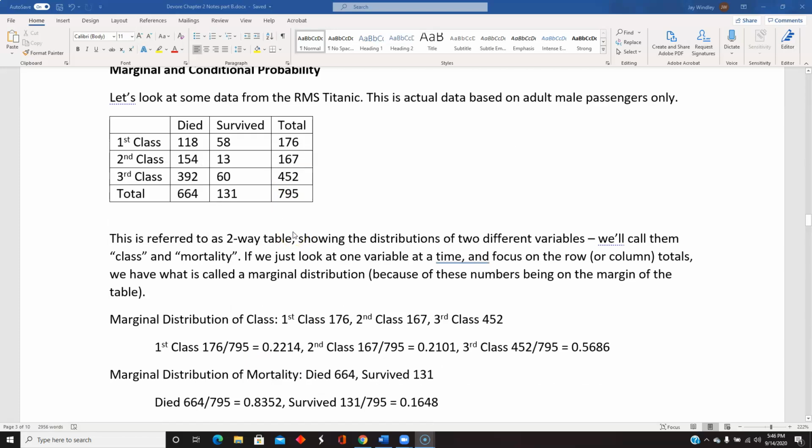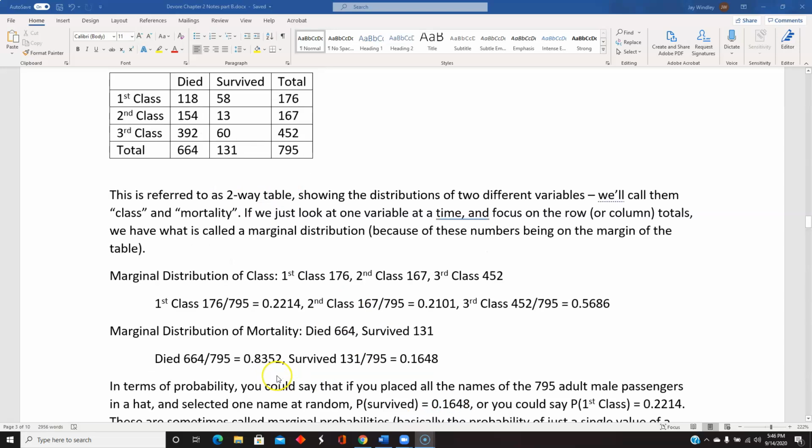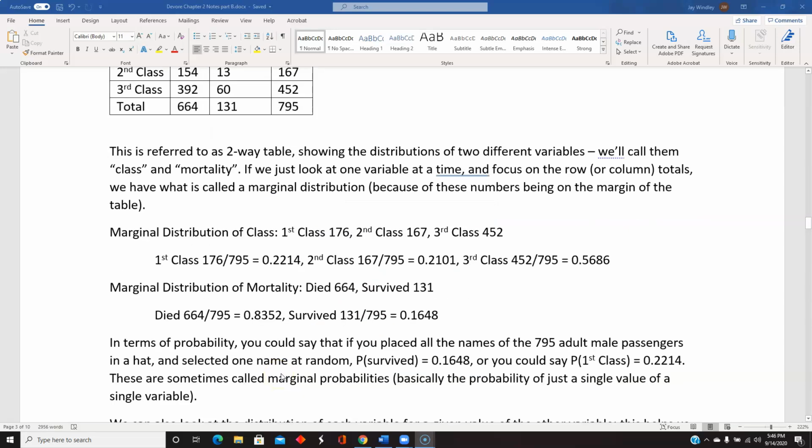You could also have the marginal distribution of mortality if you look at these numbers here. 664 out of 795 died, which is 83%. 131 out of 795 survived, which is 16%. So those are marginal distributions or marginal probabilities. So if you picked an adult male passenger at random, the probability that they survived would be 131 out of 795.